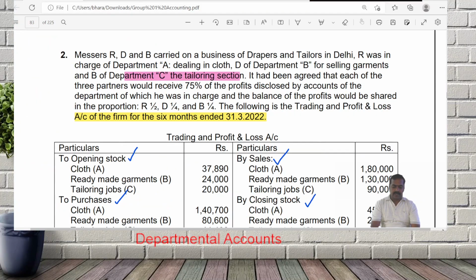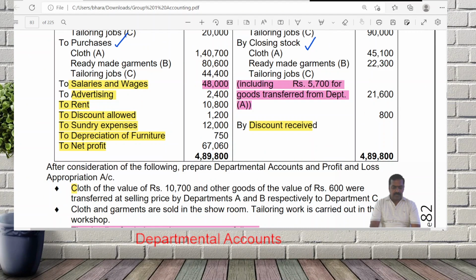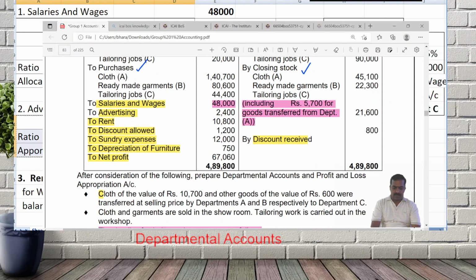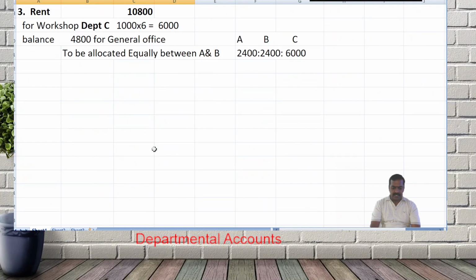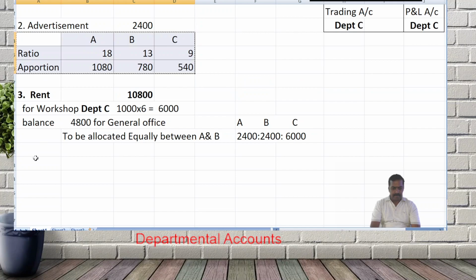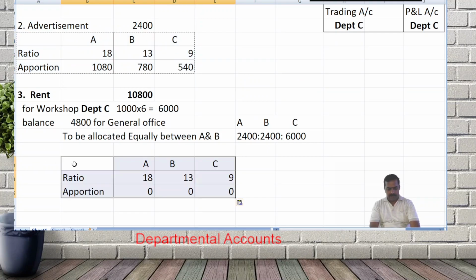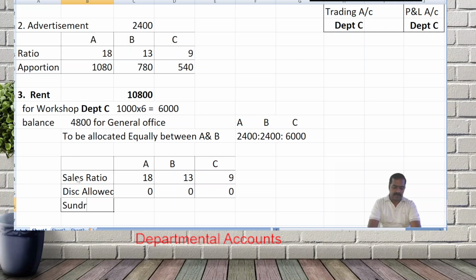Next, see what has been given. Discount allowed and sundry expenses. Discount allowed and which one? Sundry expenses. I think a common ratio; maybe the sales ratio, which we already know. So discount allowed, and the next one, sundry expenses. Both can be allocated in the ratio of sales.